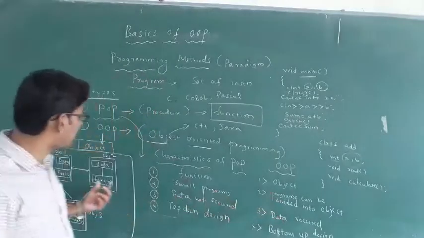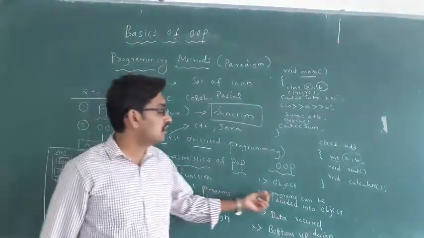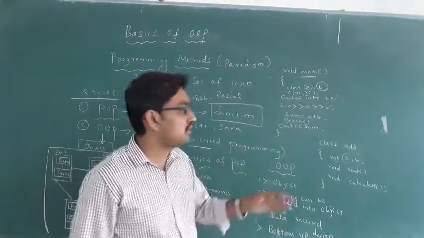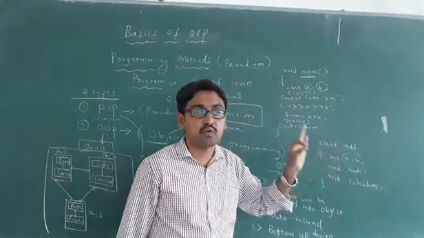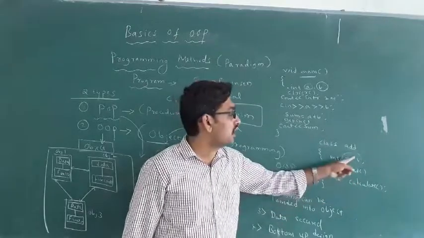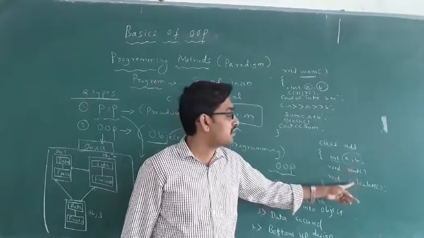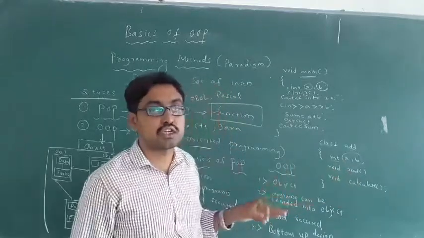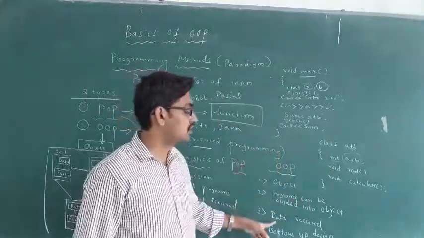Data will be secured: these A and B data can be used only by the read and calculate functions, not by any other function. That is the restriction here. That's why data will be secured.